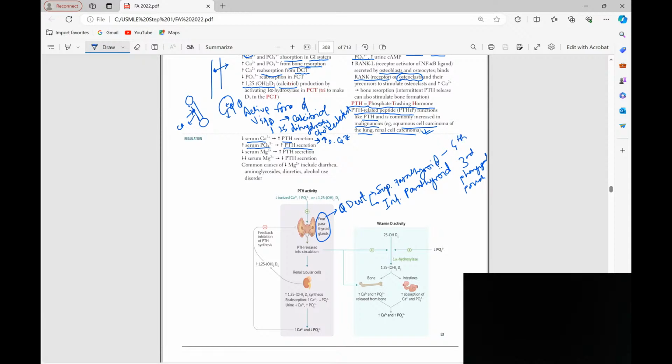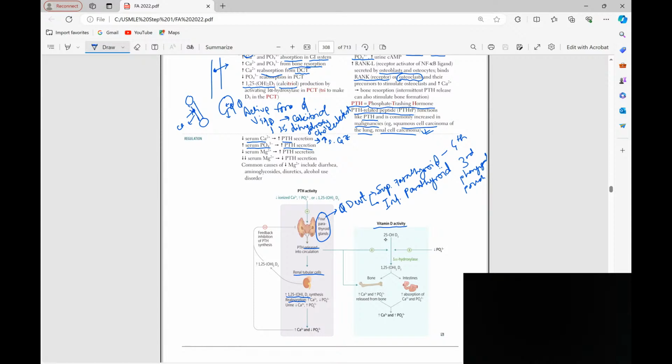Memorize this thing. When it is released into circulation, it will act on renal tubular cells, and it will help the active form, which has the major function of reabsorption from the PCT. And there is a concurrent vitamin D role going on.